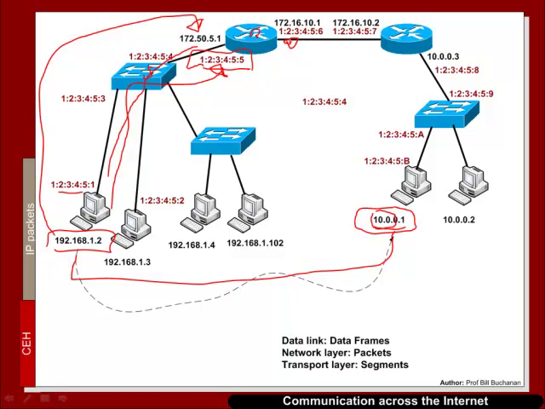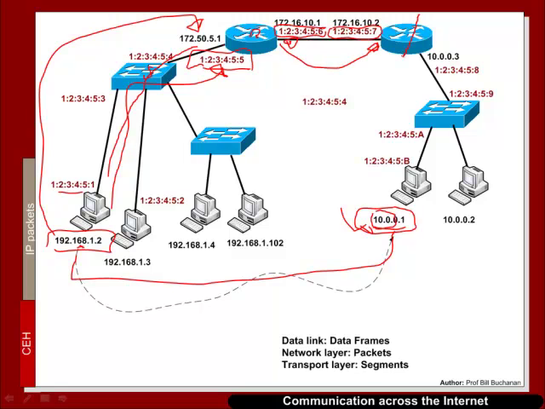It will keep the same source IP address and destination IP address, but now the MAC addresses will actually change. So this will become the source MAC address, and this will become the destination MAC address for the Ethernet frame. Remember that the source and destination IP addresses will stay the exact same. So it then is able to get onto this port.